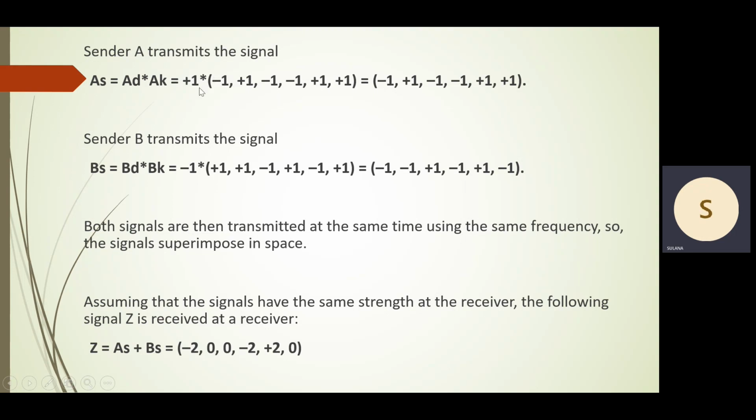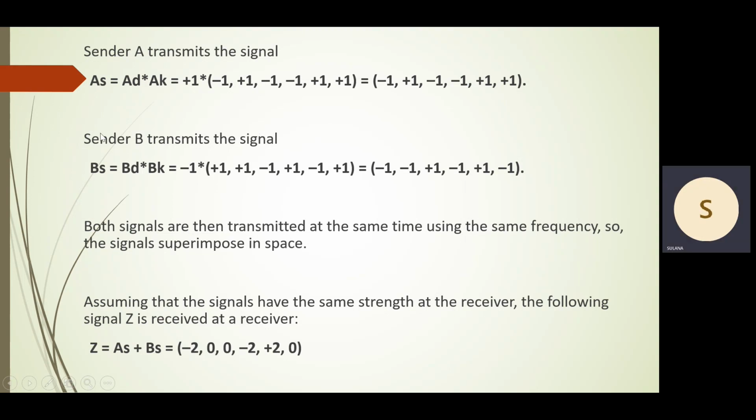So we take A's data and multiply by each bit of the key. +1 into -1 is -1, +1 into +1 is +1, +1 into -1 is -1, +1 into -1 is -1, +1 into +1 is +1, +1 into +1 is +1. So A's data is multiplied to each bit of A's key. This -1, +1, -1, -1, +1, +1 is the signal A transmits.